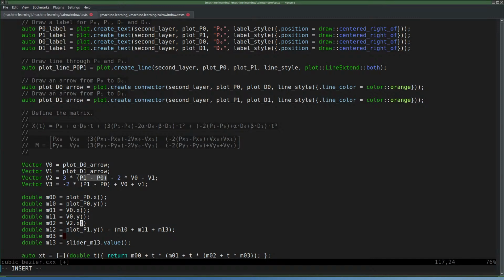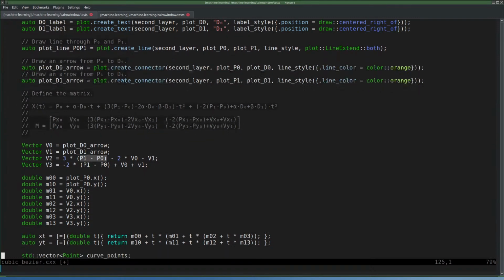And this one is V2x. Maybe I should do something else on V2, but well. V2y. V3x. And V3y. The matrix has been defined.